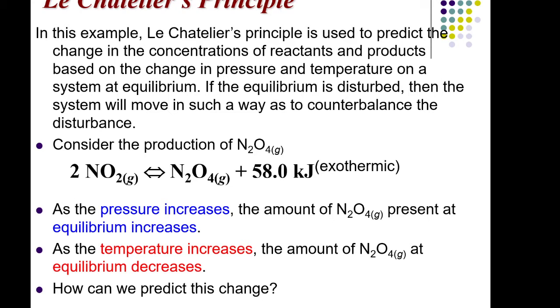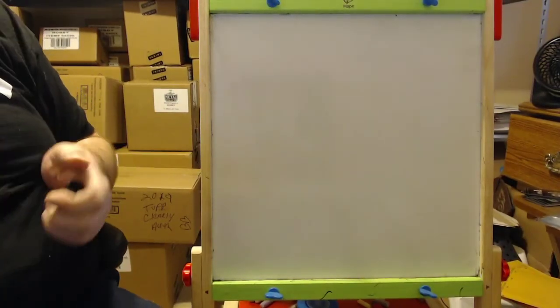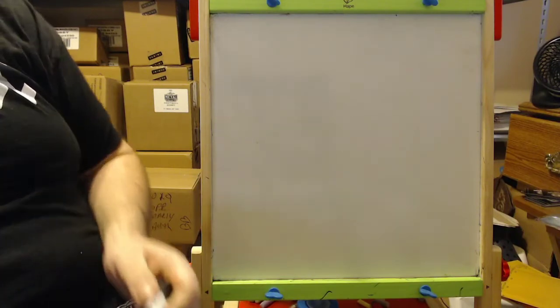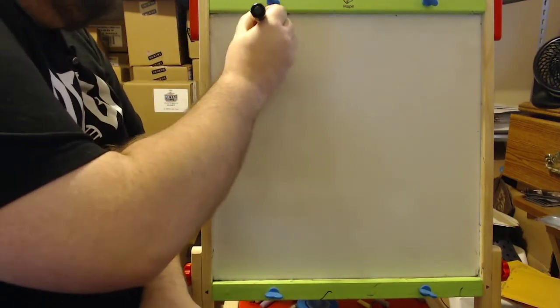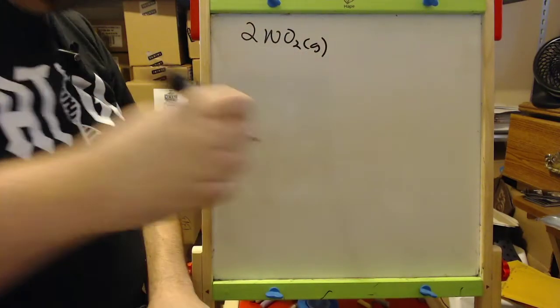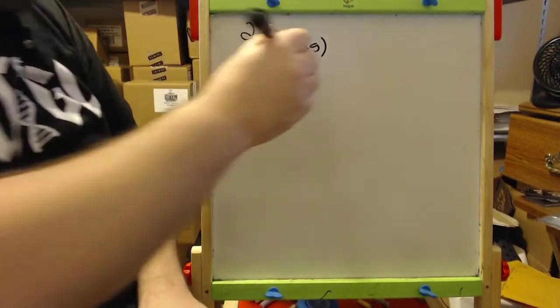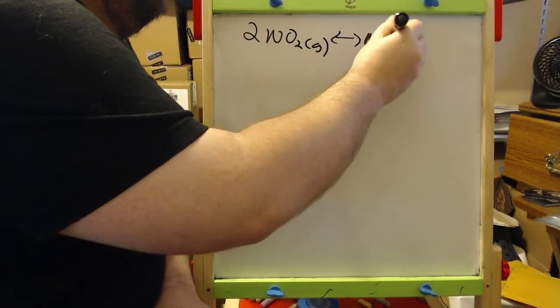So now we have to go back to chapter 6, to thermochemistry, and talk about exothermic and endothermic, and how we tell in a reaction if it's exothermic or endothermic. The reaction they're going to use throughout this explanation from the book is 2NO2 gas at equilibrium with N2O4 gas.